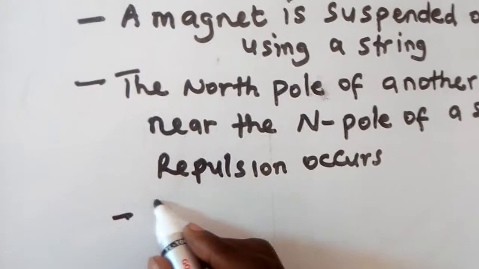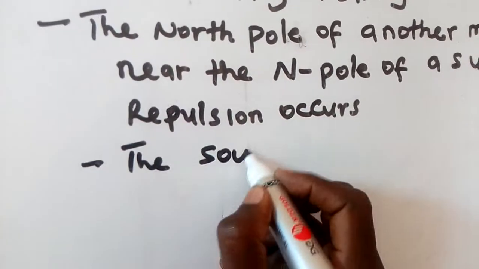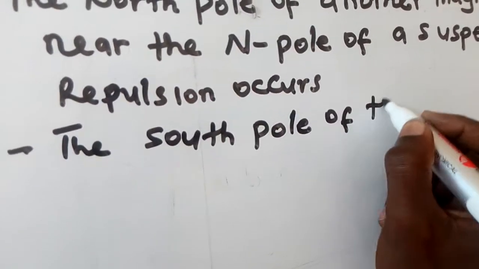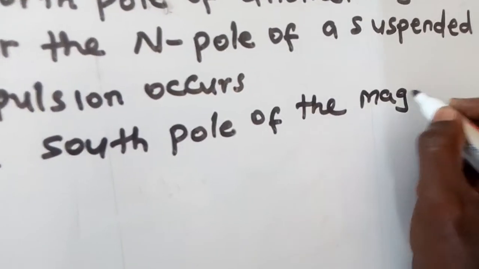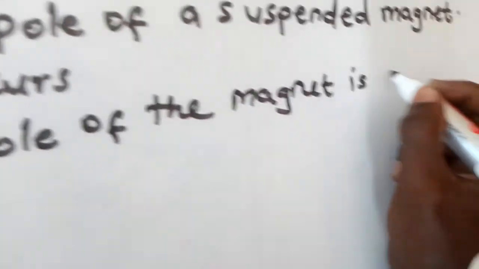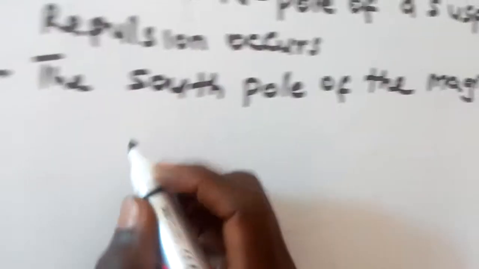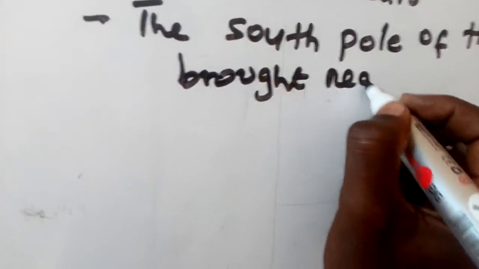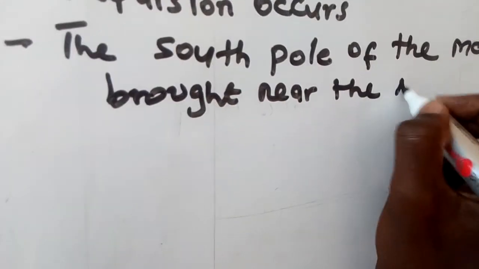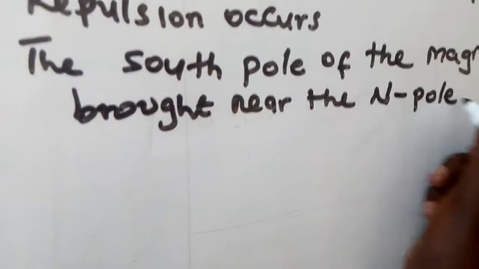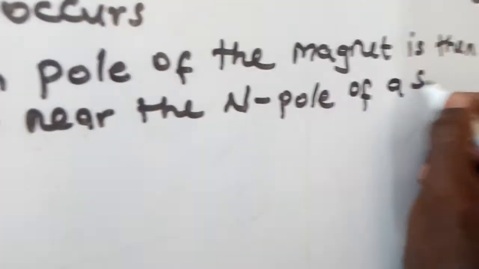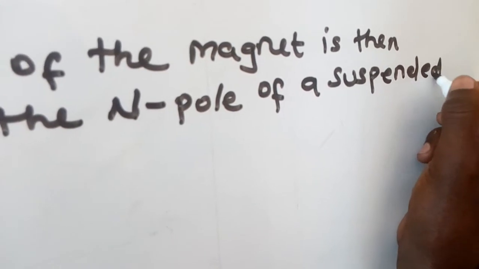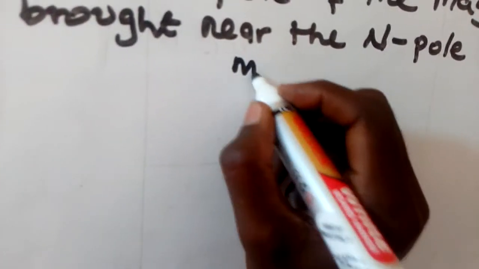The next one is the south pole of the magnet is then brought near the north pole of a suspended magnet.